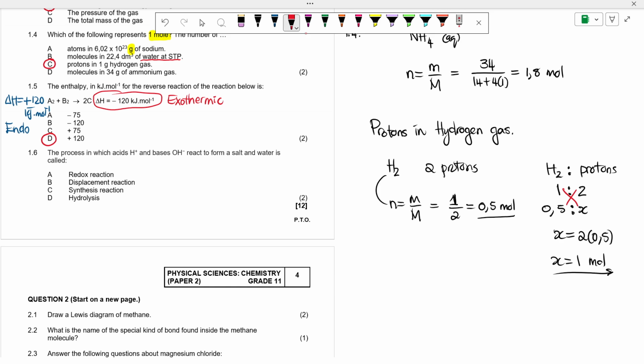I'm not sure. Not even a guess. Do you say you're gonna leave it blank? No. So is there any option that you would have been maybe pulled towards? C. Okay.